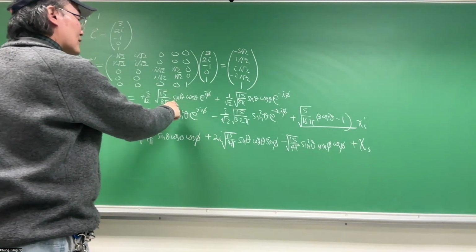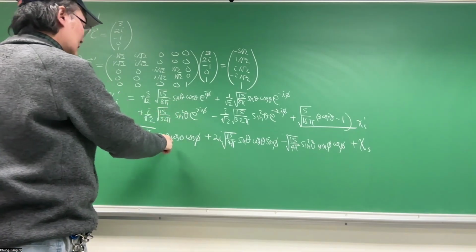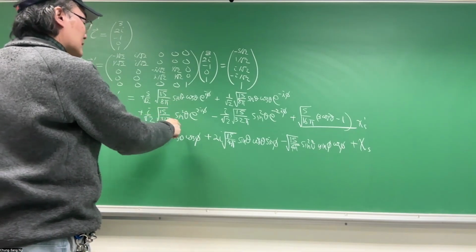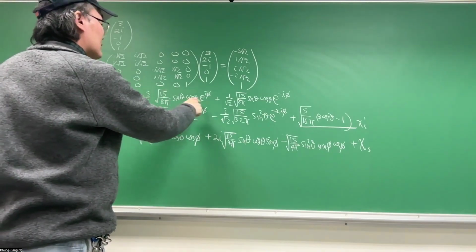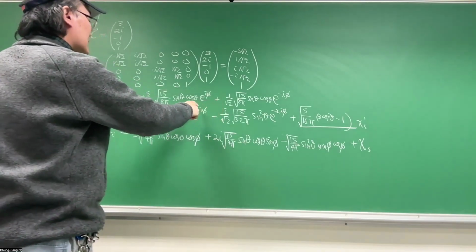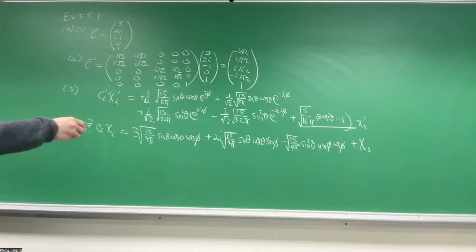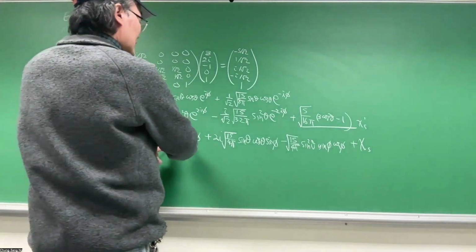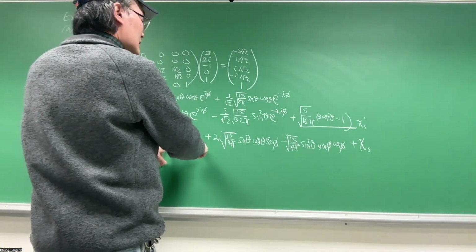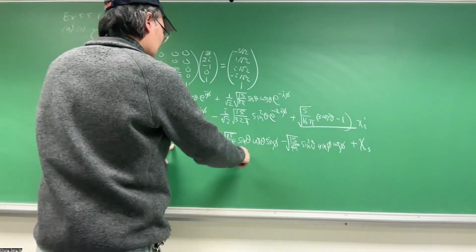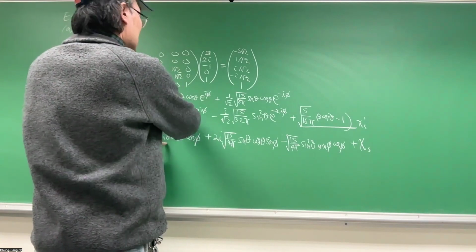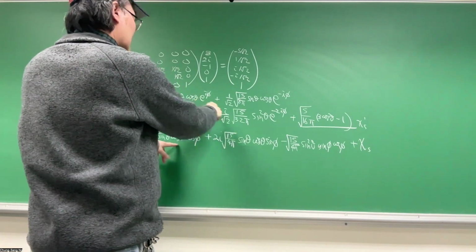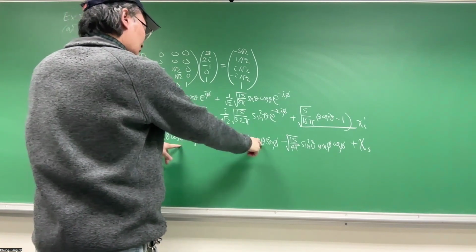Compare the first is this one and that one combined. I mean, this one seems like it's easier. It has sine theta, cosine theta here, sine theta, cosine theta, sine theta, cosine theta.